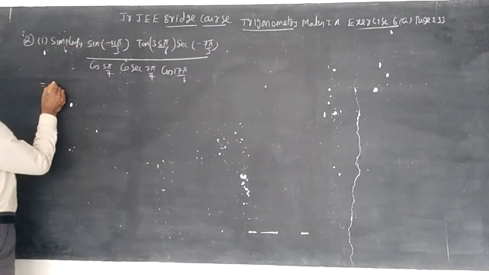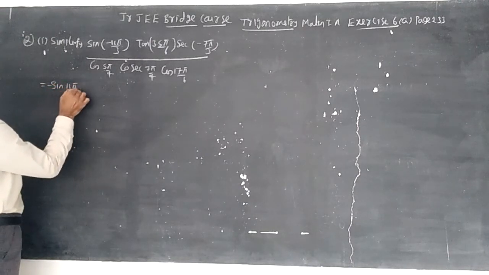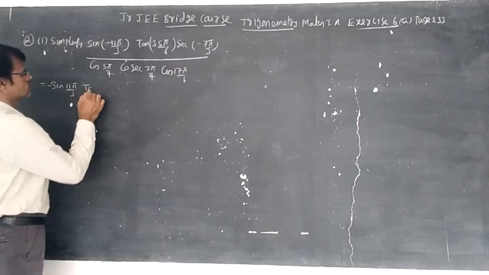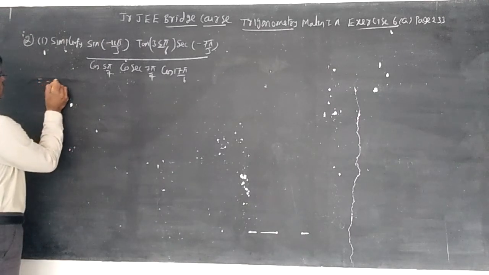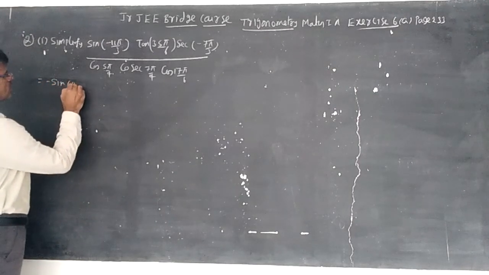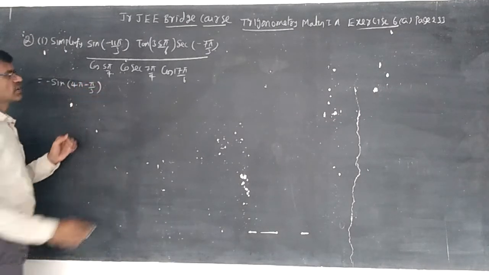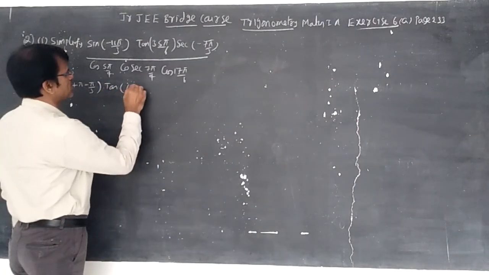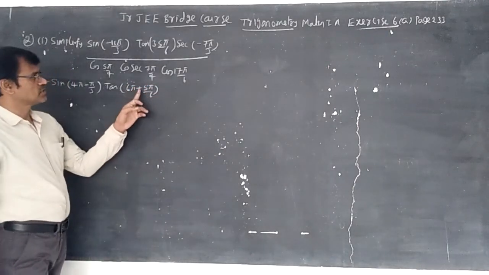Students, sine of minus theta becomes minus sine theta, so minus sine 11 pi by 3. For tan, we can write another step also, from known value to unknown value. That is equal to first minus sine, you can write 4 pi minus pi by 3. Before that, draw minus 1 like a conversion. This is the tan of 6 pi plus 5 pi by 6. 6 sixes are 36 plus 5, so 41.